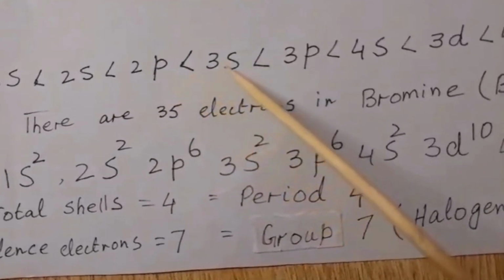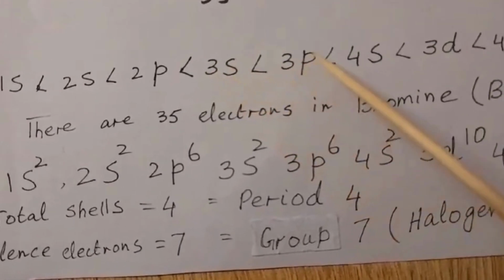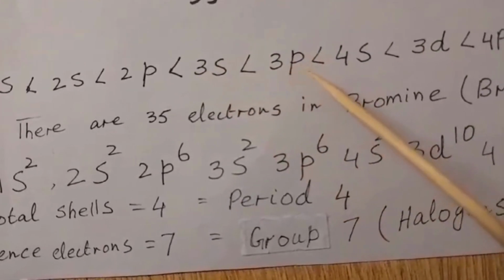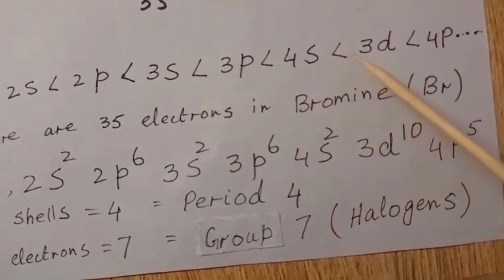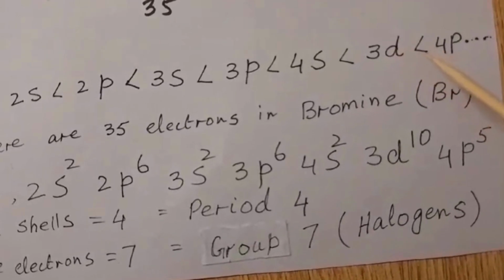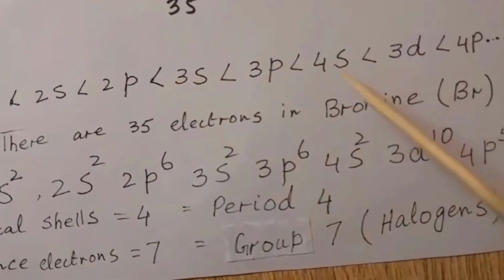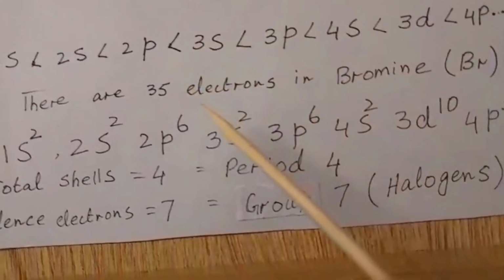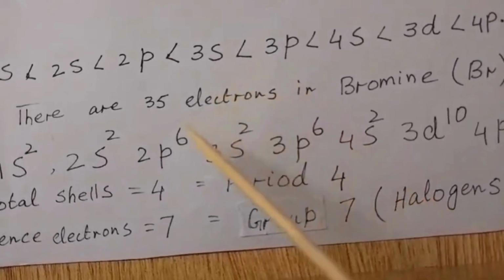Moving on, 3s has lower energy than 3p, 3p has lower energy than 4s, 4s has lower energy than 3d, and 3d has lower energy than 4p. So this you need to learn, and then you have to fill the electrons in these energy levels.